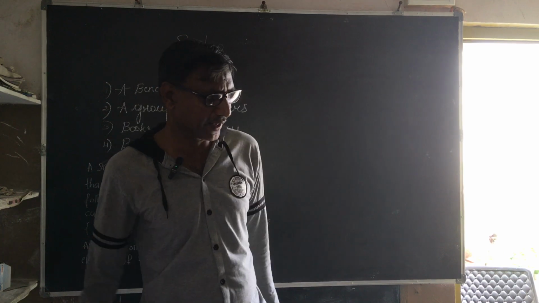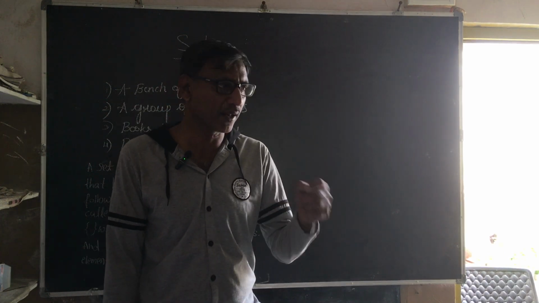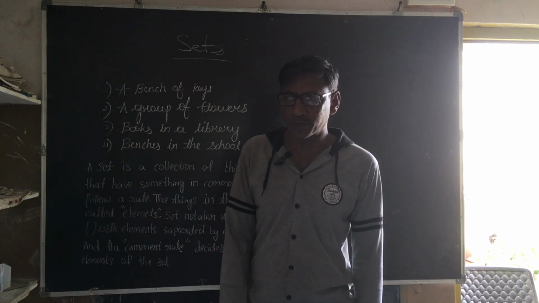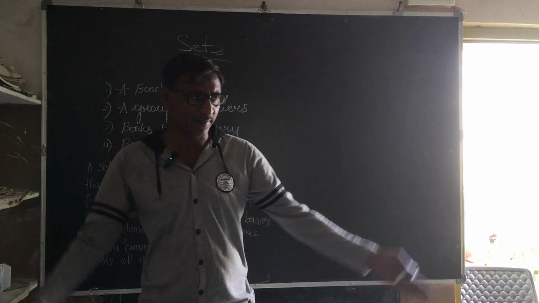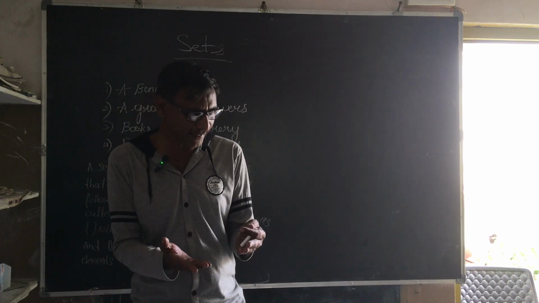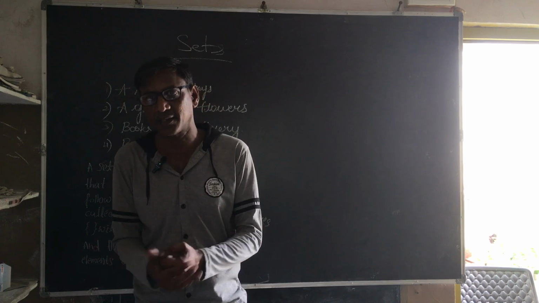That is a property of a key. A key will help you open or close the lock. Very good. Coming to the benches in our class, every bench helps every boy in our class to sit, right?